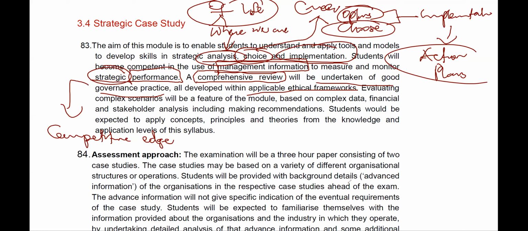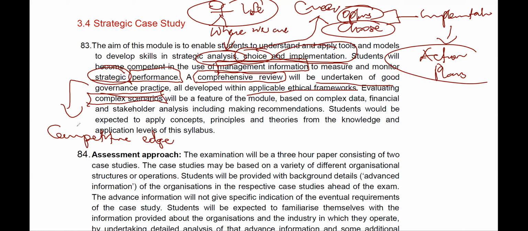Okay, so these are some of the things you must understand. Even the preamble of the syllabus is telling us, you see, I'm highlighting keywords: evaluating what? Complex scenarios. It has told you, yes, the scenarios are going to be complex. So you should be prepared. It is not an easy scenario you are going to see there. If we say something is complex, it means that it has different headings or different compartments.